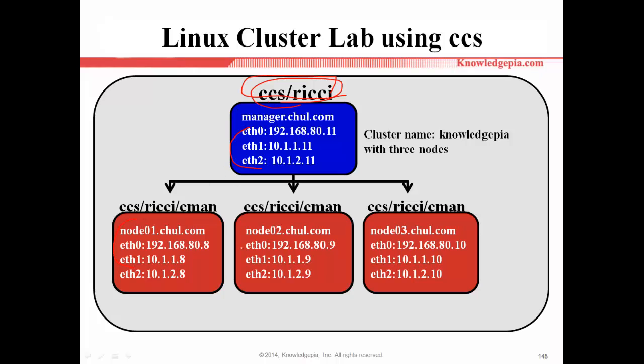Each cluster node, node 1, node 2, and node 3, has its own IP address. These cluster nodes also need to install the packages ccs, ricci, and cman. In my case, when I create the cluster, the cluster name will be knowledgepeer with 3 cluster nodes.